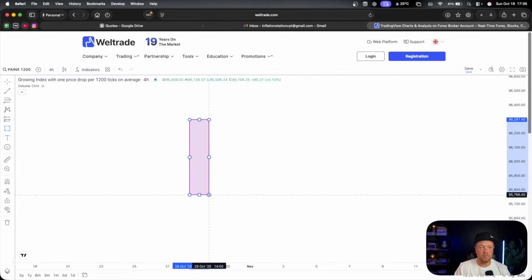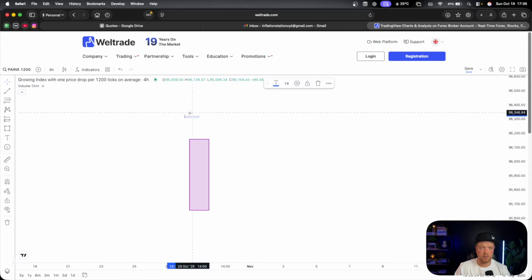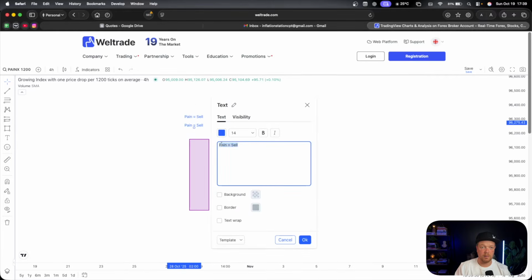So if we have a 4-hour candle, right? So let's say we are currently on pain. So let's just write it here. We are currently in pain, so that equals sell. And when we are on gain pairs, that equals buy.